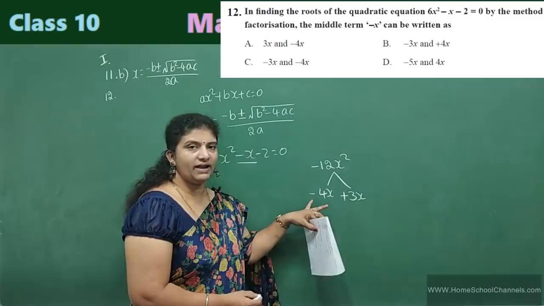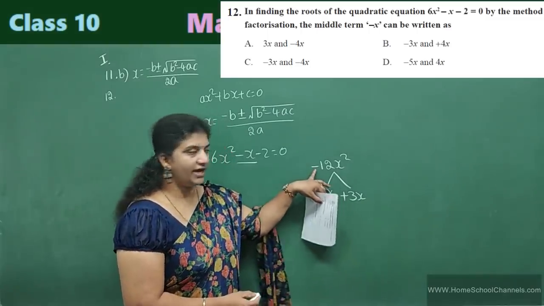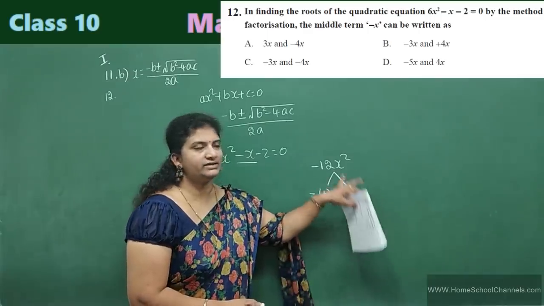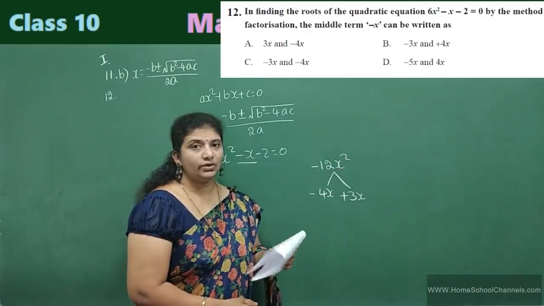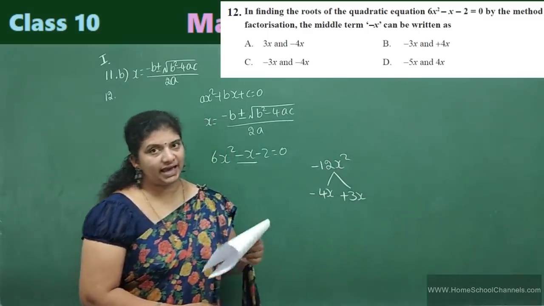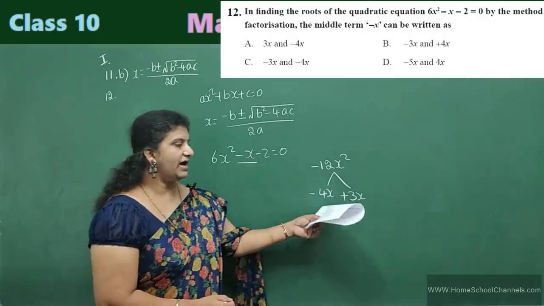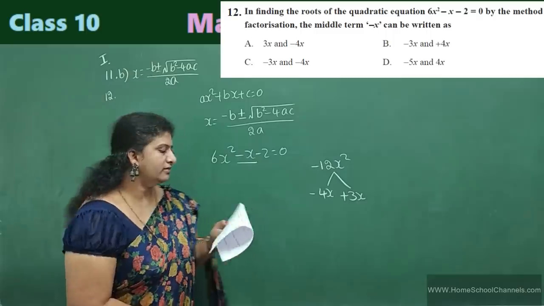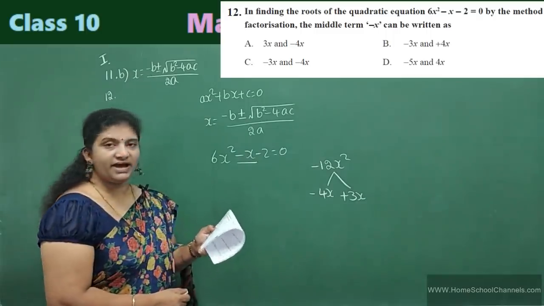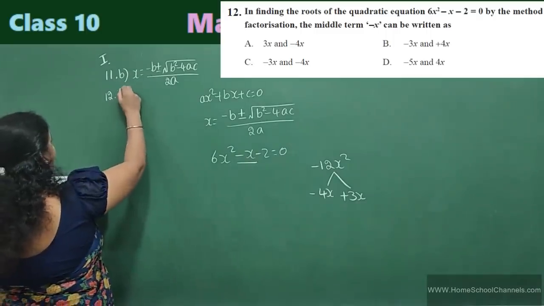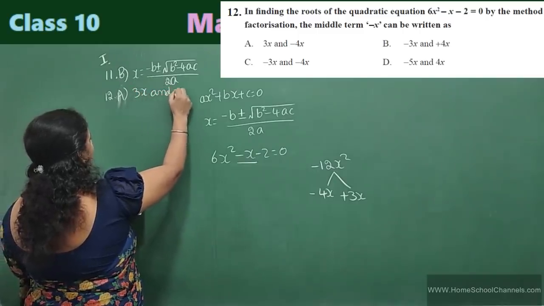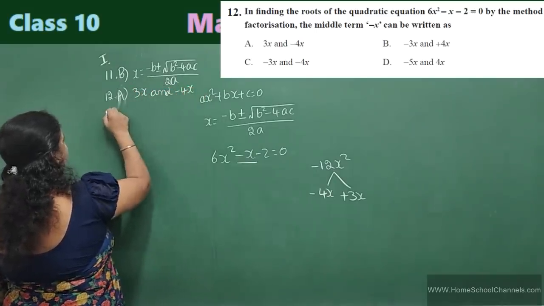And if you multiply minus into plus, minus, 4 3s are 12, x into x, x square. So the middle term minus x can be written as minus 4x and plus 3x. Check for the option here. Plus 3x and minus 4x. Option A, 3x and minus 4x.